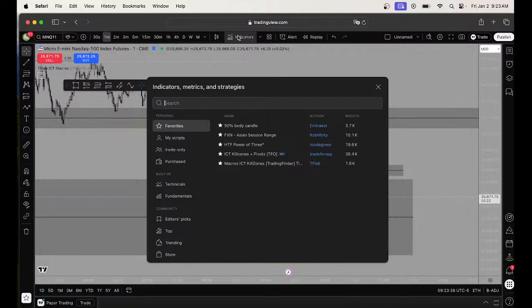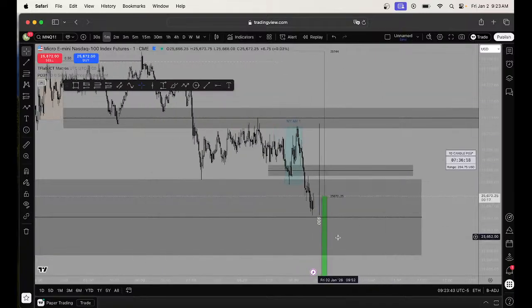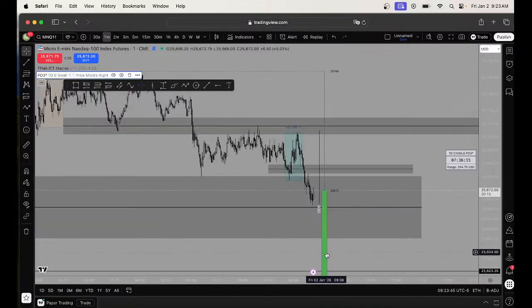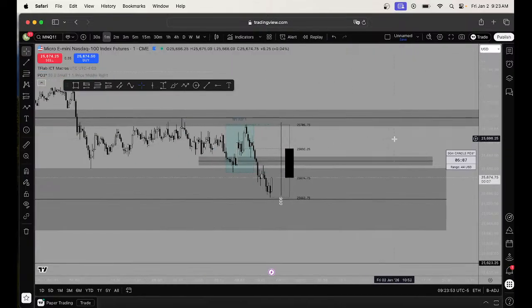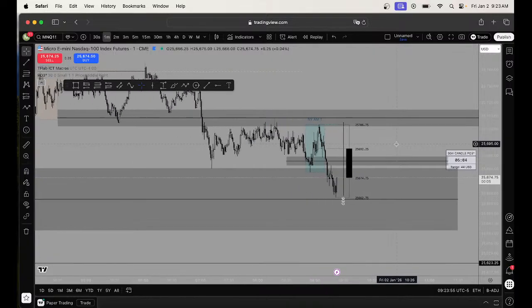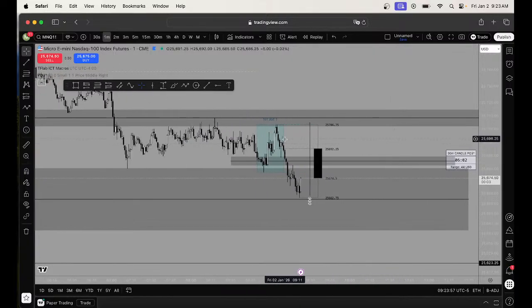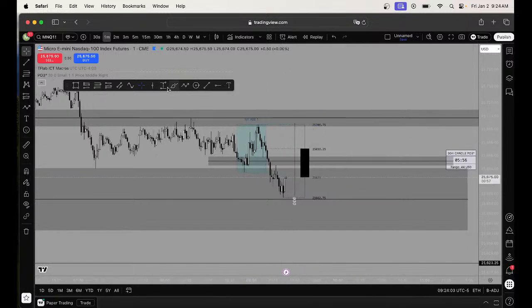I don't know where my candle went, but this one. I like to trade the candles too. So from the range of one candle, the open, the low, I like to see how it forms.